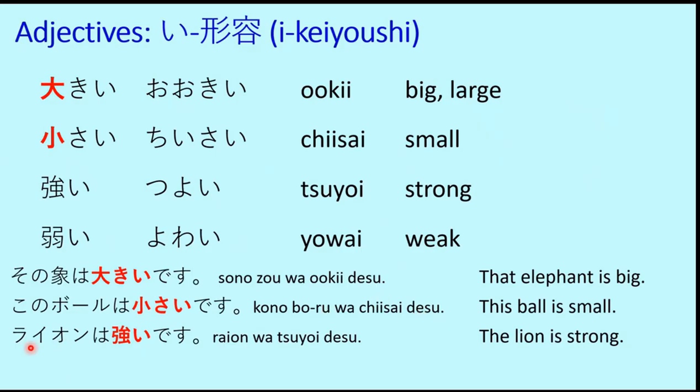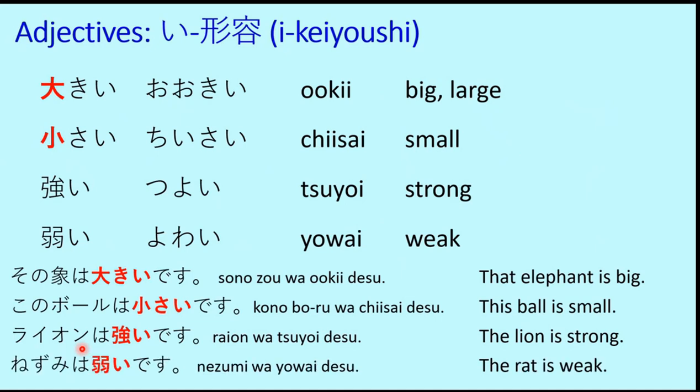That's why it is written in katakana, because it's an English word, lion. And since there is no la sound in Japanese, it gets replaced with the ra sound. Rayon wa tsuyoi desu. The lion is strong. Nezumi wa yowai desu. The rat is weak. So oki, chisai, tsuyoi, yowai.